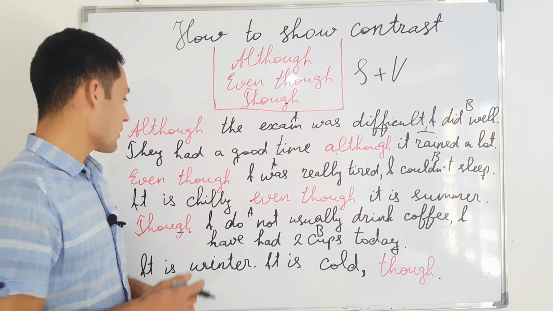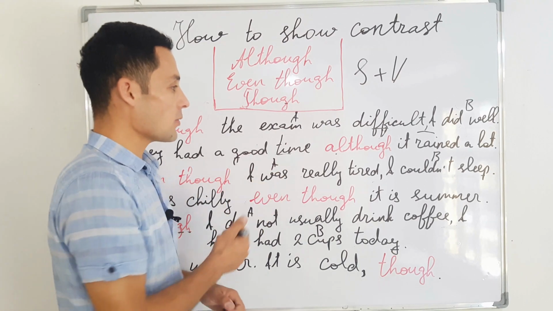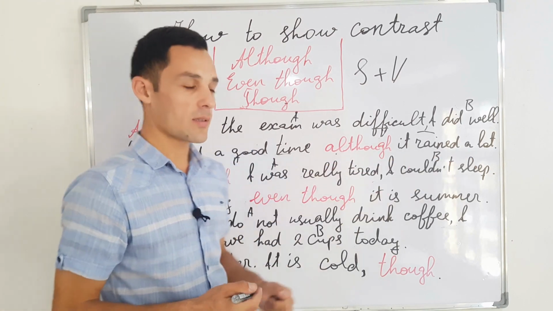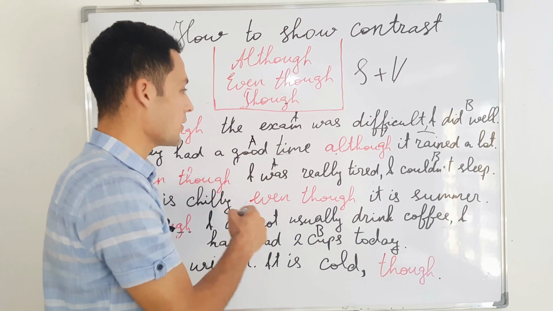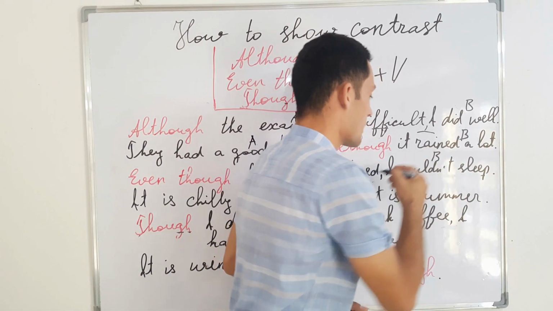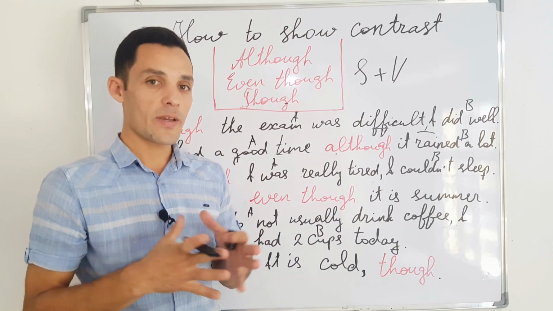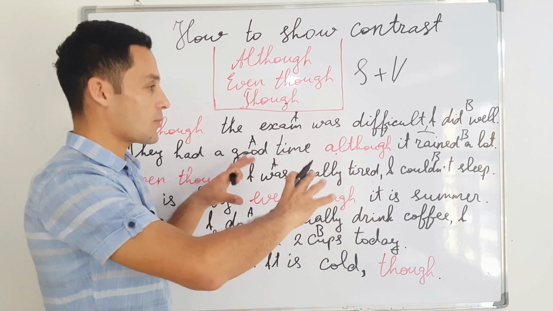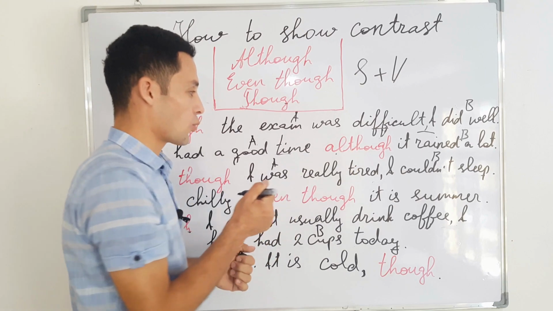And the next example, "They had a good time although it rained a lot." You see, we have A point and B point. So we are still connecting these separate ideas, separate sentences, with although.